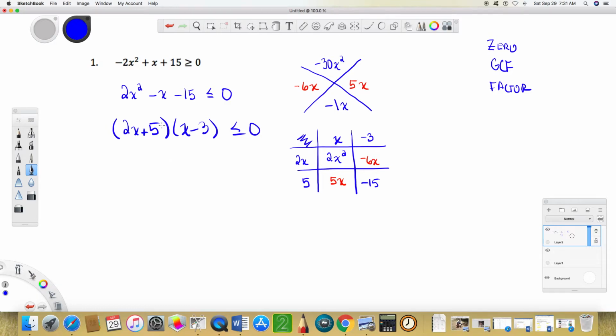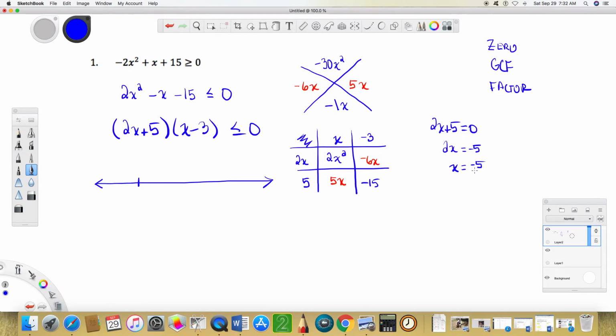So the reason that we're factoring this, and we're going to set each of these expressions equal to 0, is so that we can divide the number line into different parts. If we set 2x plus 5 equal to 0, you get -5 halves, if you subtract 5 and divide by 2.